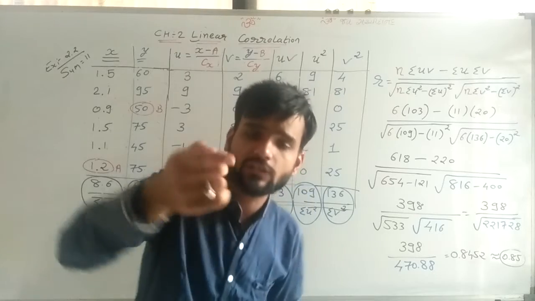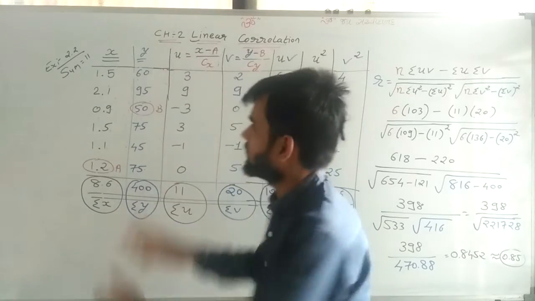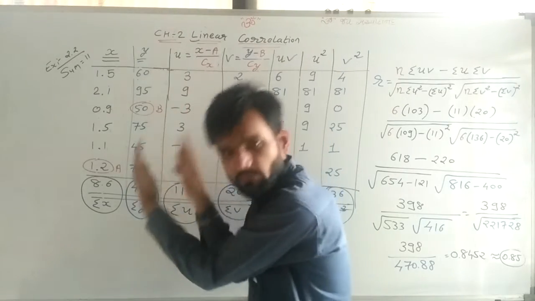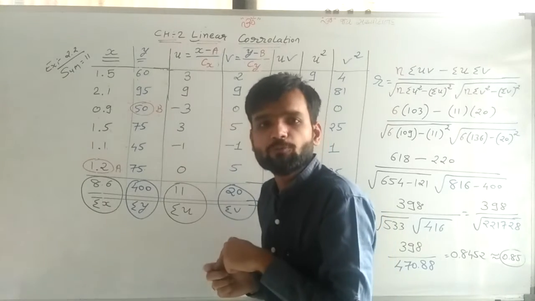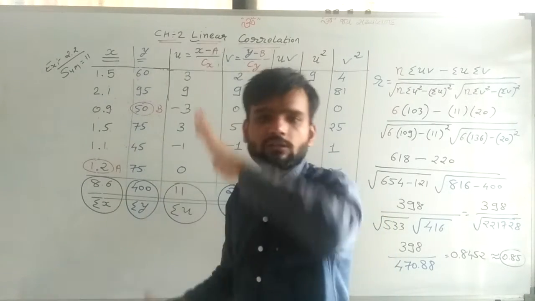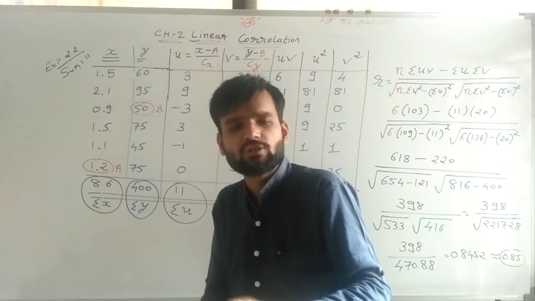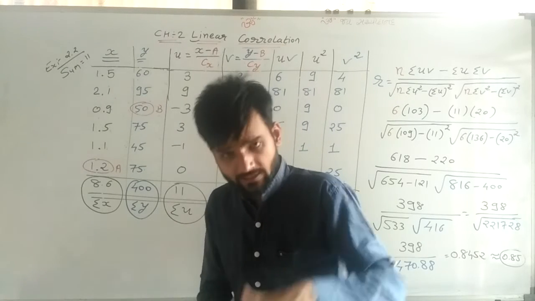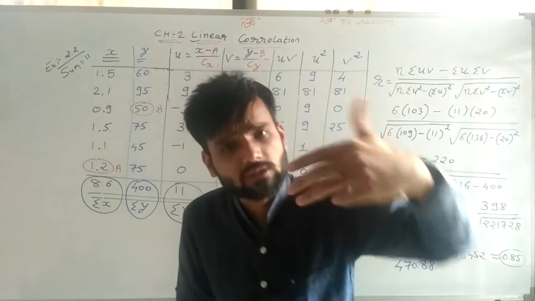Why? Because in the third formula we are converting big values into small values, and fraction values into non-fraction natural values, and that's why calculation becomes easy.